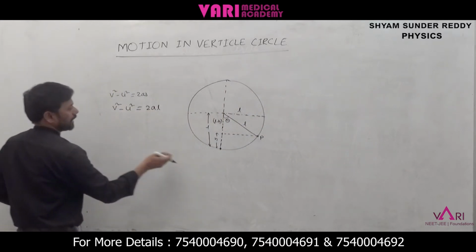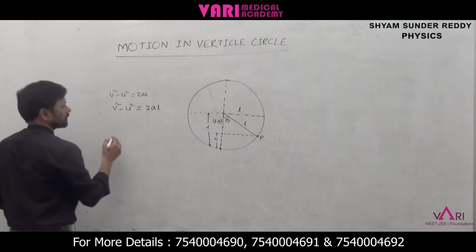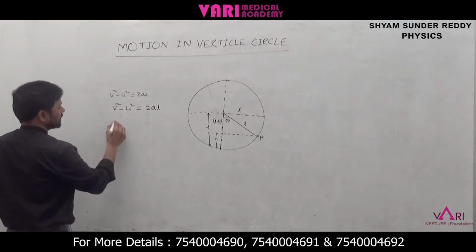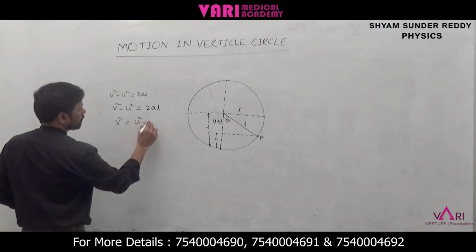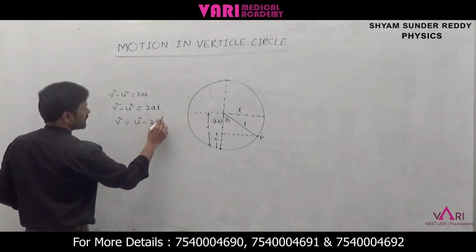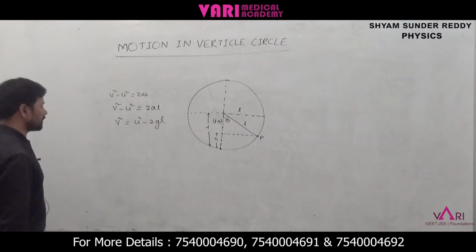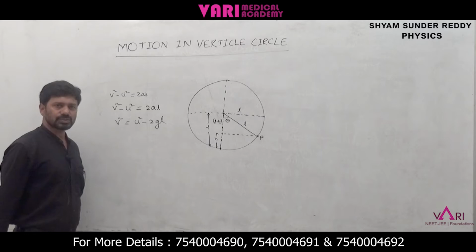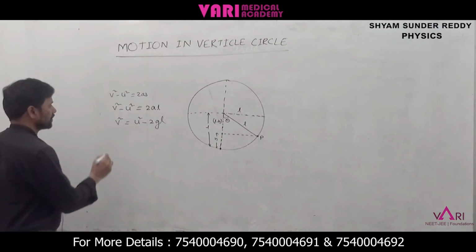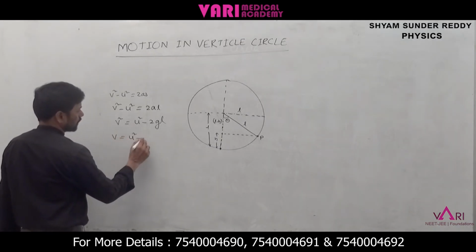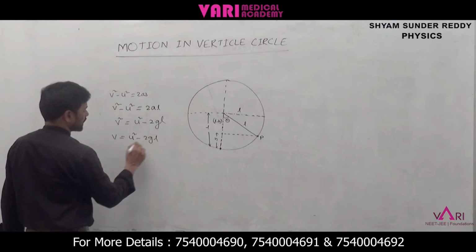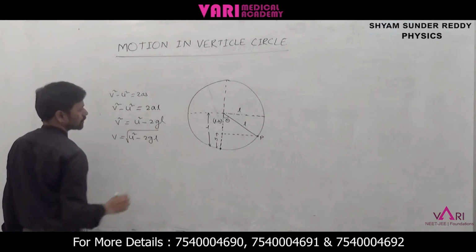It is moving in the upward direction, so minus g. v square is equal to u square minus 2gL. v is equal to the square root of u square minus 2gL.